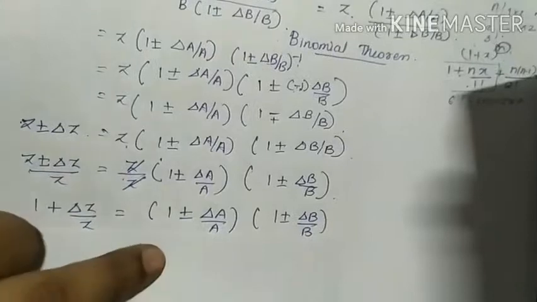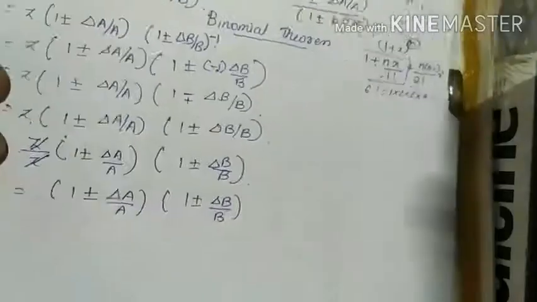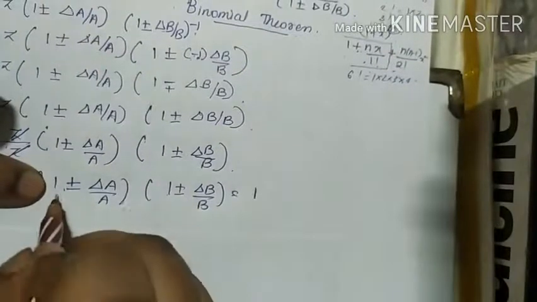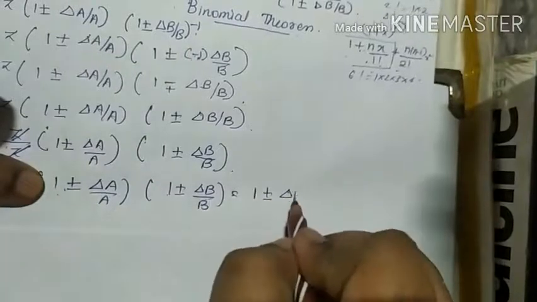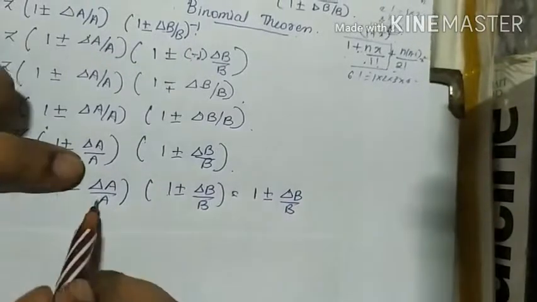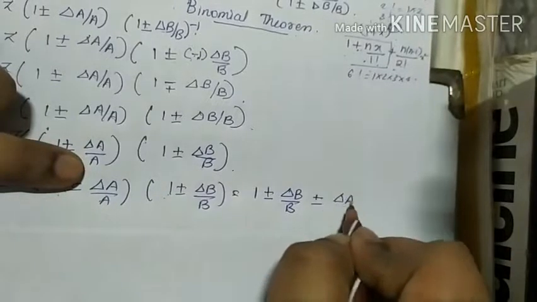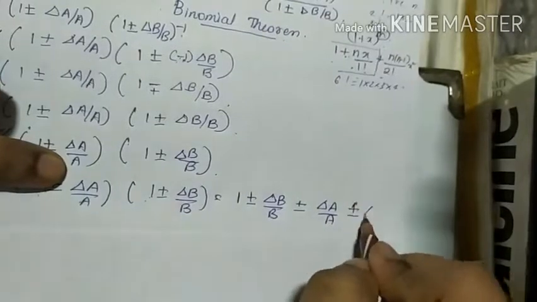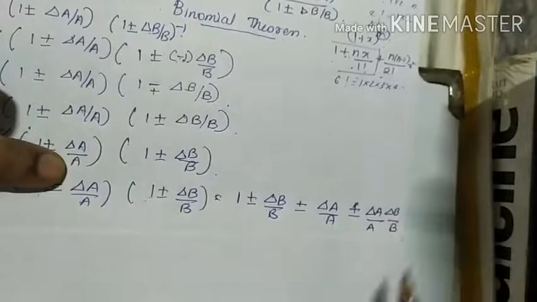Now I'm going to open the brackets, I'm going to solve this bracket. So it will be 1 into 1, 1, plus 1 into plus or minus delta b by b, then plus or minus delta a by a. And then this is plus or minus delta a by a into delta b by b. Right, it's just multiplication.